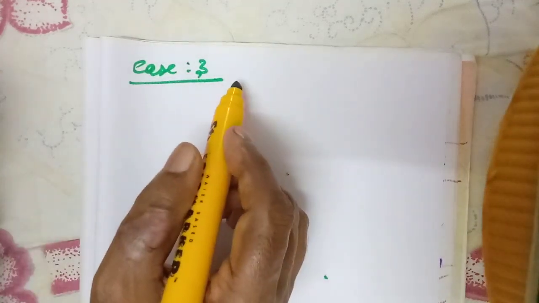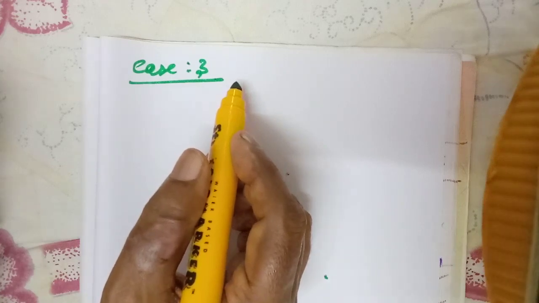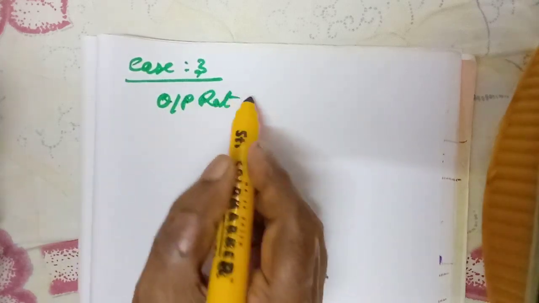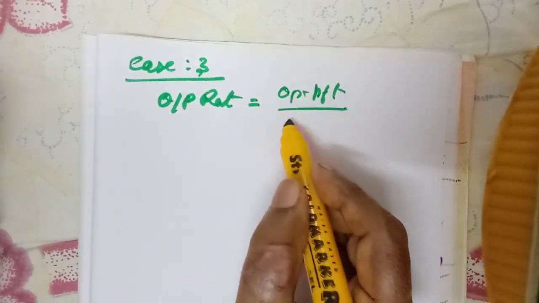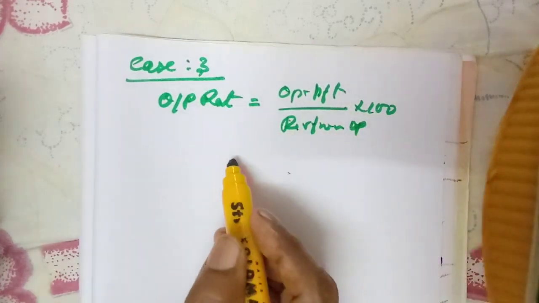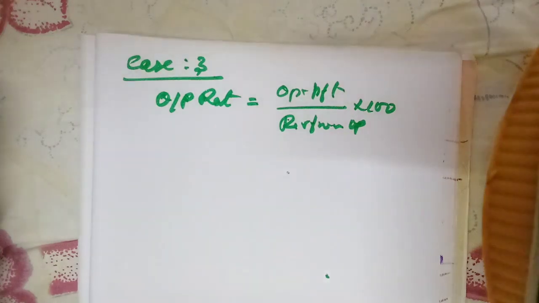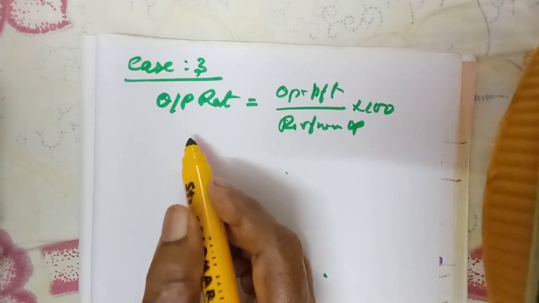Case 3, what is given? Revenue from operation 10 lakh, gross profit percentage given, operating expenses given. So again you write the formula: operating profit ratio is equal to operating profit divided by revenue from operation into 100. Here gross profit is given, operating expense is given, so operating profit we need to calculate.